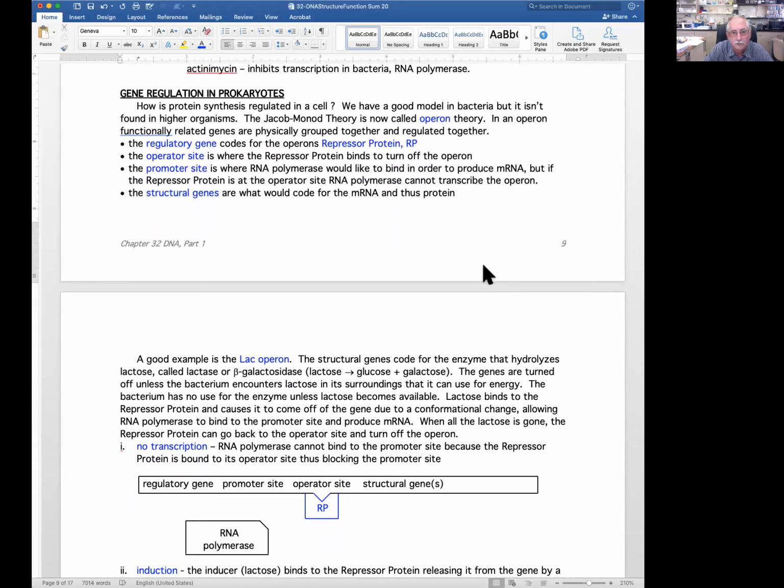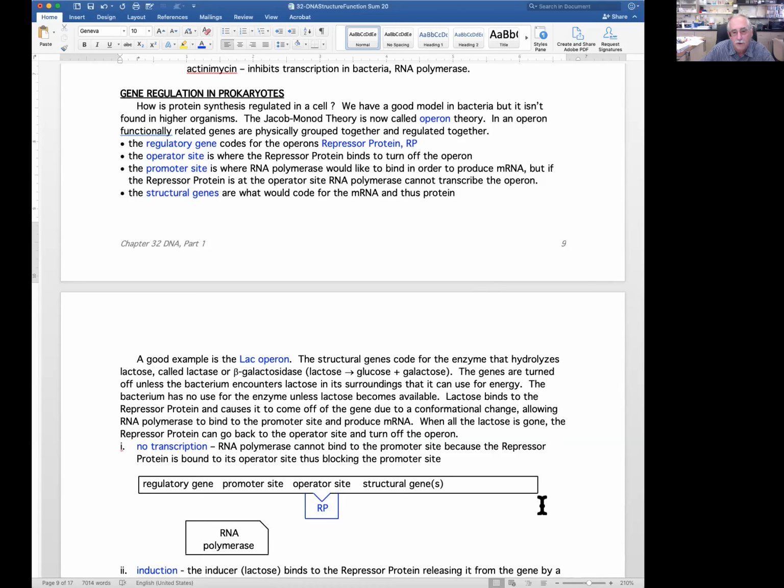So one of the most complicated things that humans have ever tried to figure out is gene regulation in higher organisms. Gene regulation is extremely difficult. So first we'll look at what we know about prokaryotes because it's rather simple. It's called an operon.